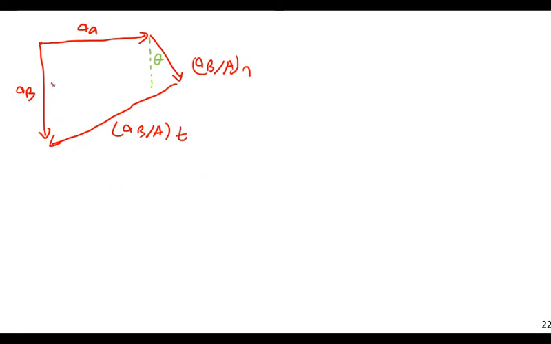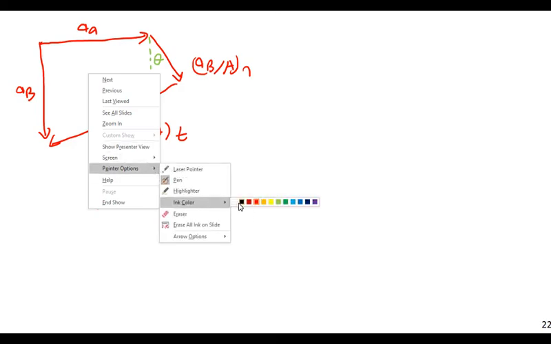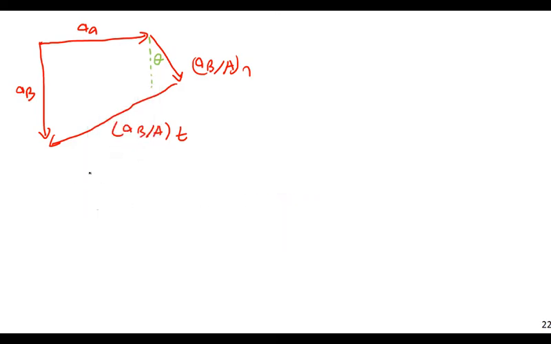And so I know that AB, I could basically do a summation of accelerations in the x and y direction. So I could write these in terms of the x and y equations.